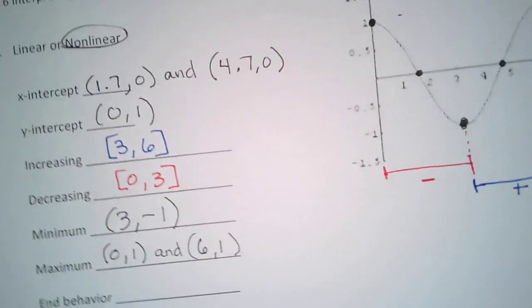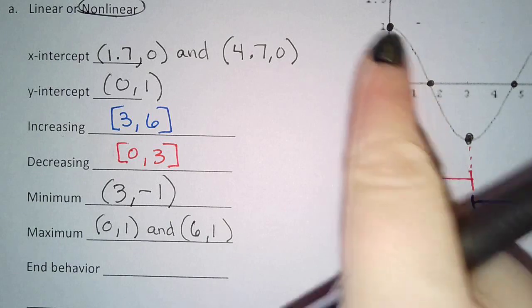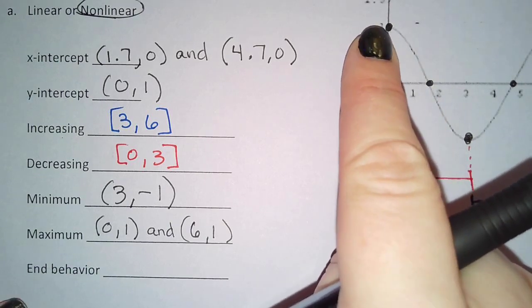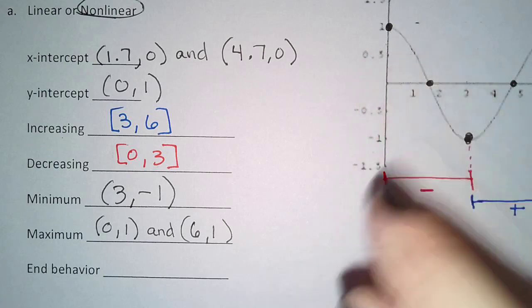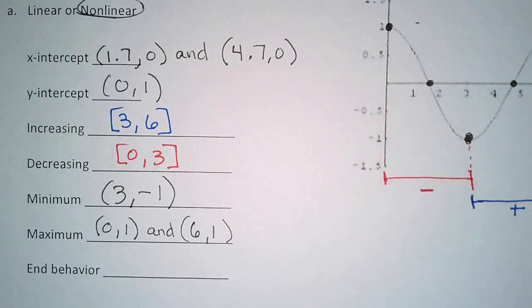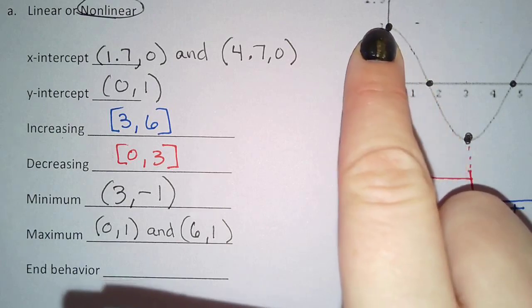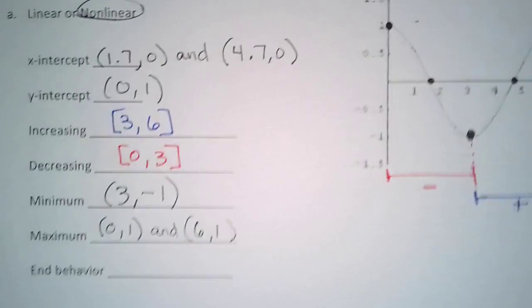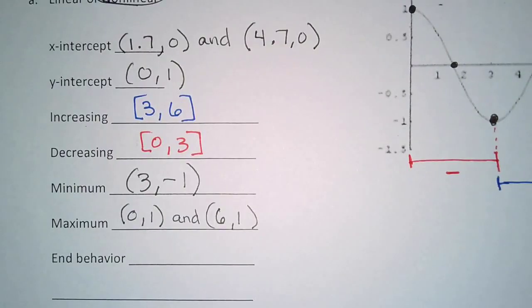Okay, end behavior. When we go towards the left, y is going towards 1. When we go towards the right, y is going towards 1. Or we can just say, on the left side, it's going up, and on the right side, it's going up. Both sides go up.